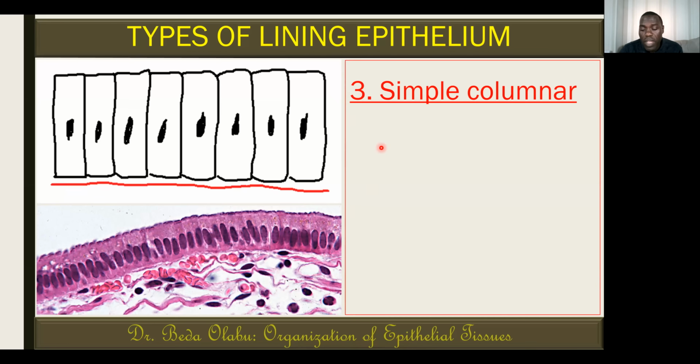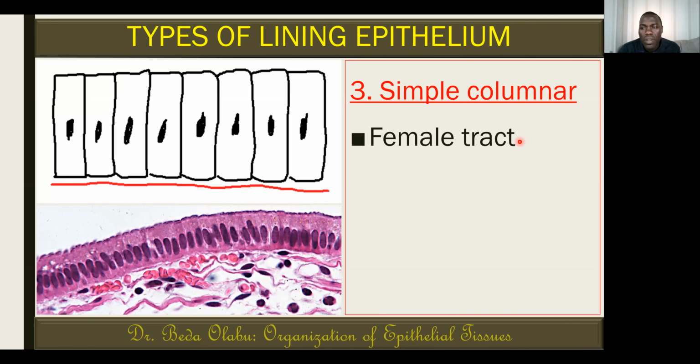We find simple columnar epithelium in many places. We find it in the female reproductive tract. Which part of the female reproductive tract? We find it in the fallopian tube. We also find it in the inner lining of the uterus. The inner lining of the uterus is called endometrium. So you find it in the endometrium.